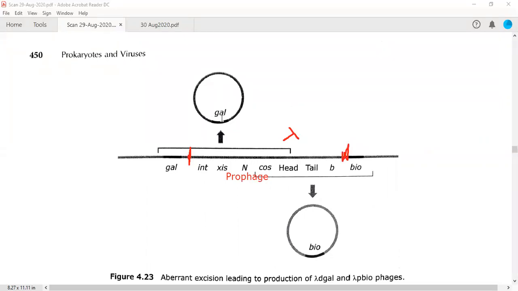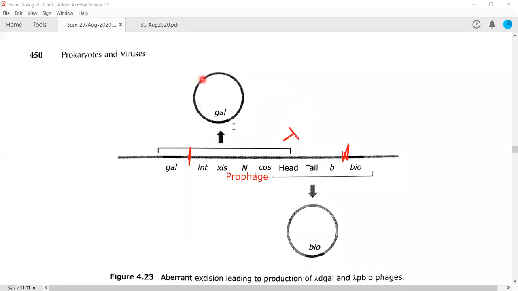But if lambda gal is formed, it will lose some of the tail genes, some of the head genes, which are actually required for the lysis process. If it loses the tail and head genes, it will not be able to lyse the bacterial cell, right? So if it infects some other cell, it will be stably integrated inside the bacterial chromosome, and it is not able to make plaques over the bacterial lawn.